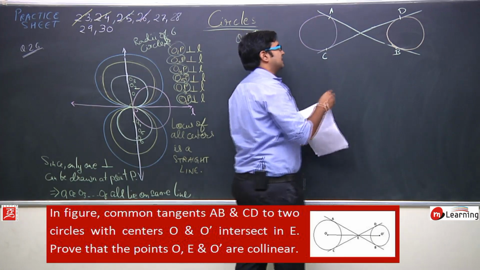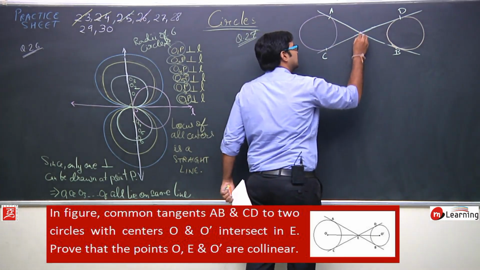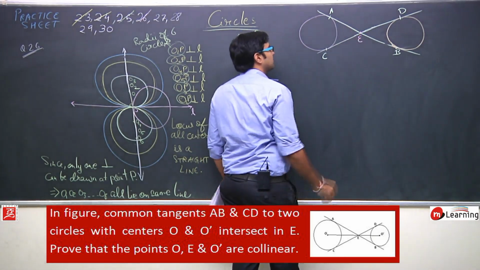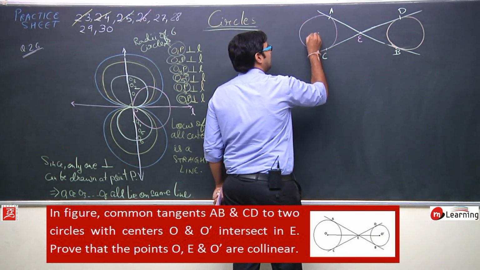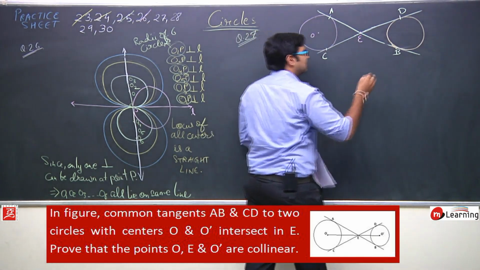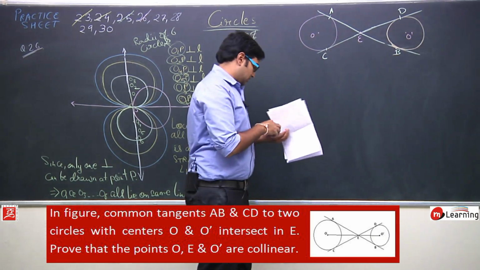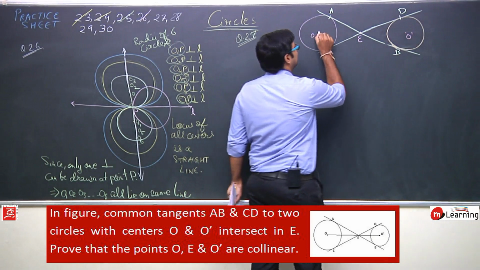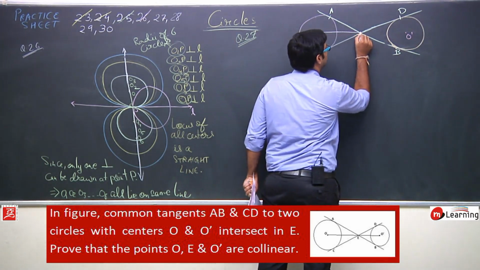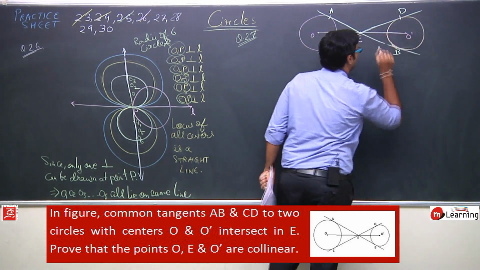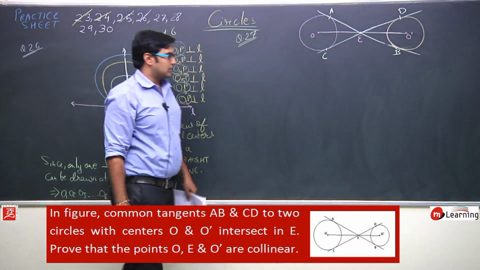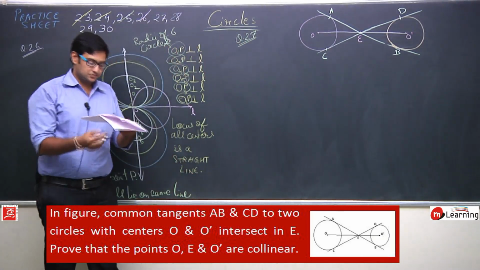Then the intersection of these two tangents is point E. The center of this circle is given as O and the center of this circle is O dash. So let us join this point O with this point E and this point E with this point O dash. Okay, this is the figure given in the question.